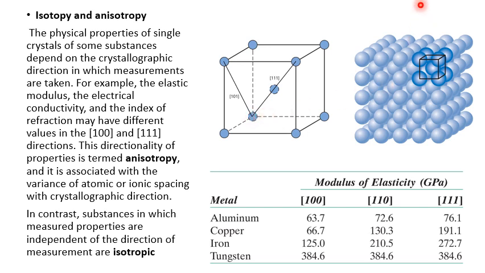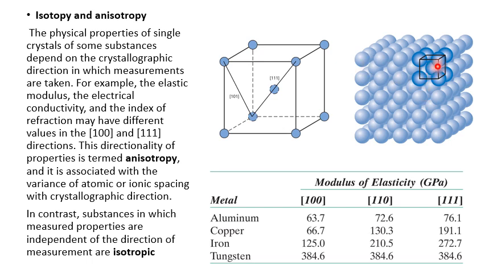Which means if we test this crystal in this direction, we will get a modulus of elasticity different from the modulus of elasticity if we test it in a diagonal direction. The direction starts from the upper right corner of this face and ends at the lower left corner on the back face. The modulus of elasticity of these two directions is different.